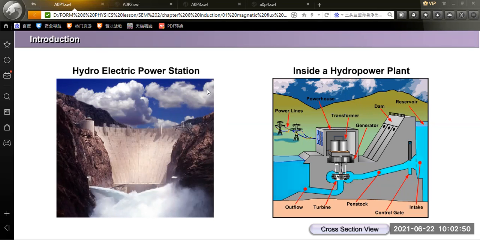The right side shows the inside of a hydropower plant, the internal structure, how the turbine is turned and the generator produces electricity by using the flow of the water.